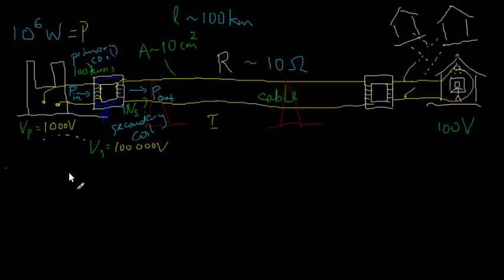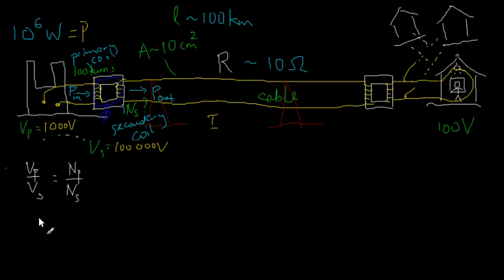To do this we can use our formula Vp over Vs equals Np over Ns. We know all the numbers here except for Ns, so we'll just put in the numbers.